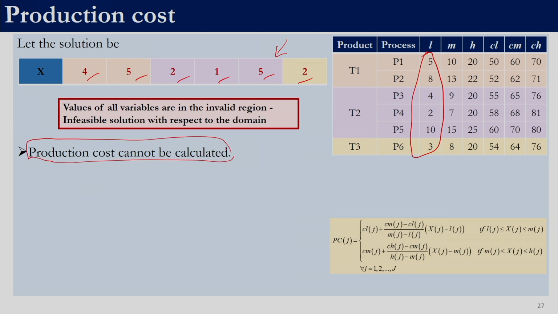So it will be assumed to be 0, but there would be a penalty of 6 into 10 power 5, because for each violating variable we put a penalty of 10 power 5, and here all the 6 variables are violating the domain constraint. So that is the discussion about production cost.